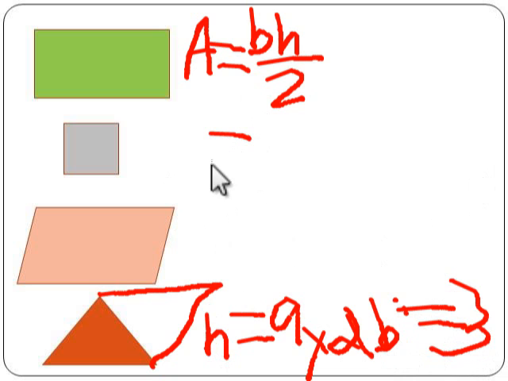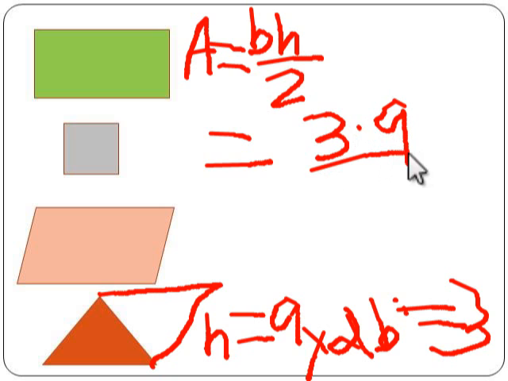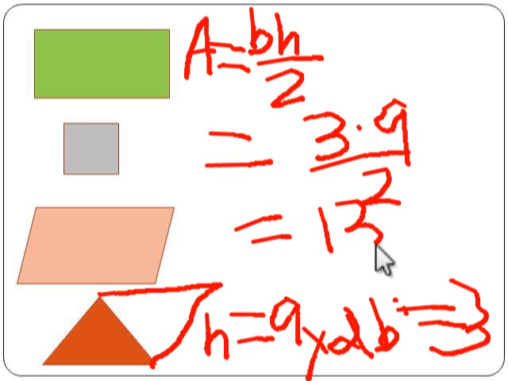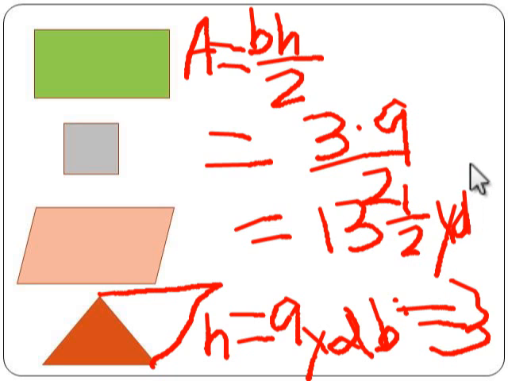Okay, so we're going to substitute those numbers in there. The base is 3, the height is 9, and we have to divide that by 2. So 9 times 3 is 27. 27 divided by 2 is 13.5. I don't care how you write it. So 13.5 square yards. And there you go. You just found the area of a triangle.